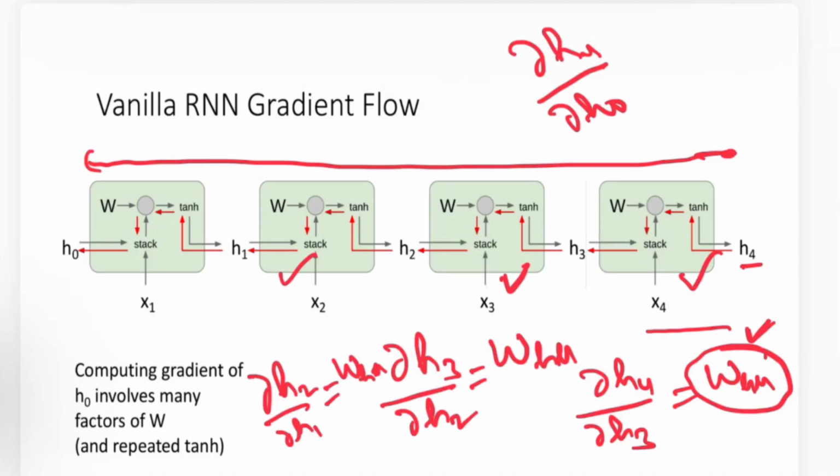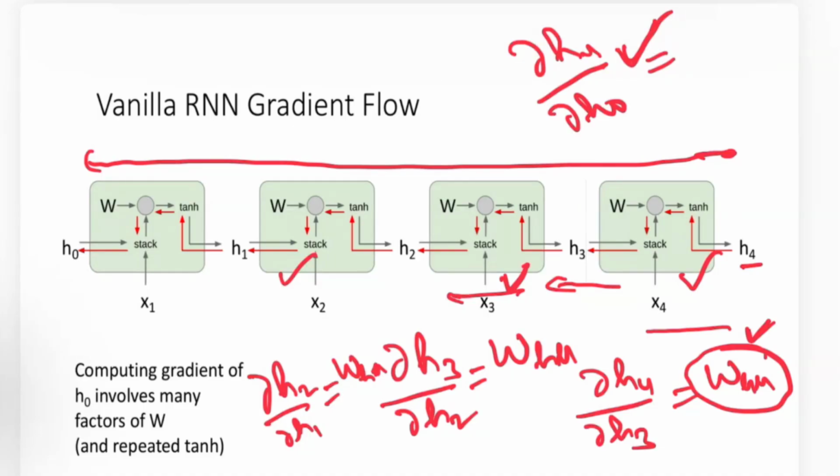At every state you are finding the local gradient, but when you are going back you apply the chain rule, and your upstream gets multiplied with the local.